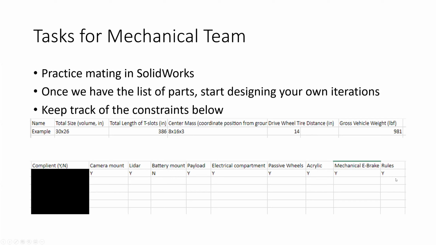If your iteration does not have any of these, it is not qualified. So you need to have all of these. You guys have to take into account these necessary components. And yeah, that's pretty much it.